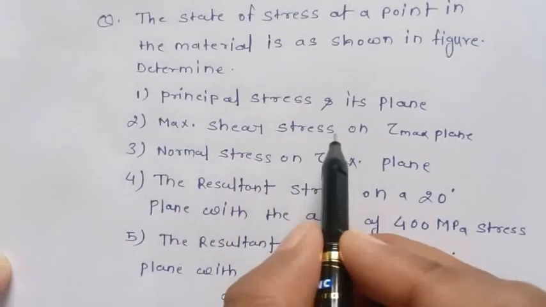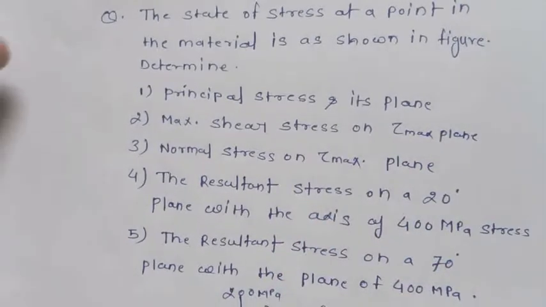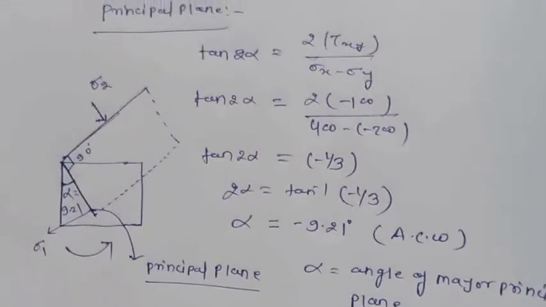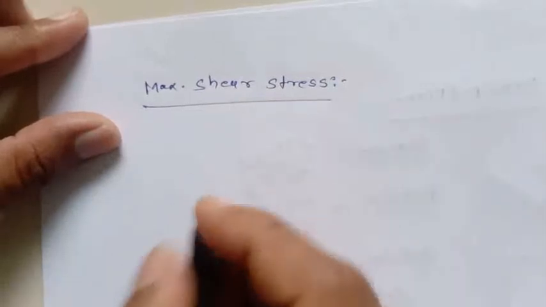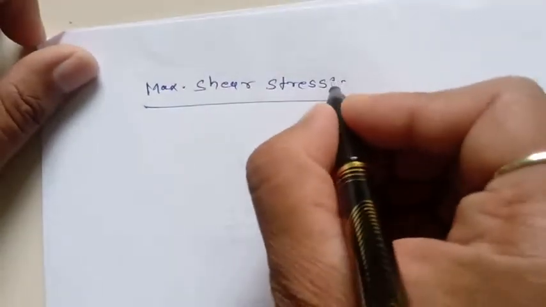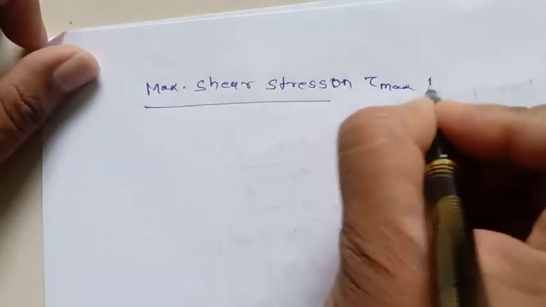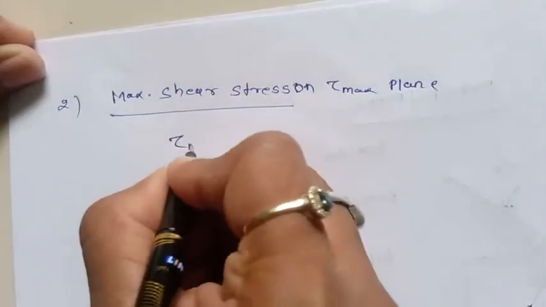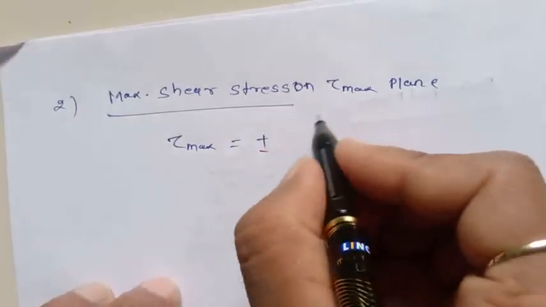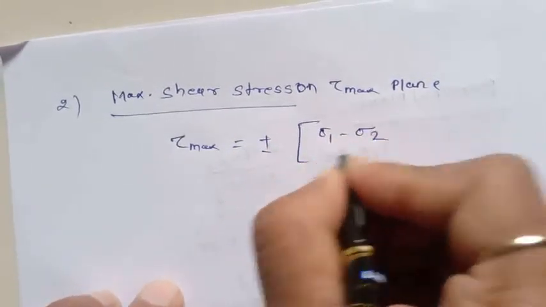Now the next question, the second one: determine the maximum shear stress, tau max, and its plane. So maximum shear stress, as we know, the formula for the maximum shear stress tau max is sigma 1 minus sigma 2 by 2.